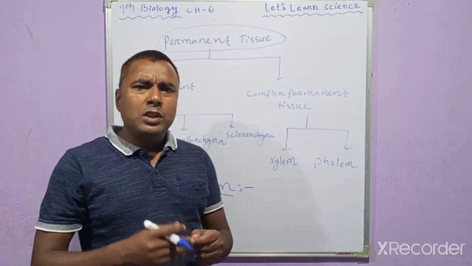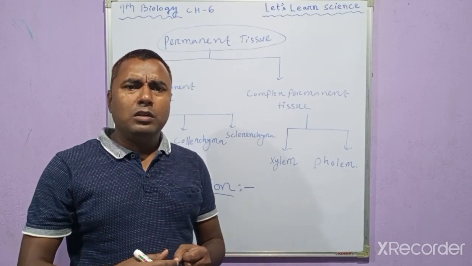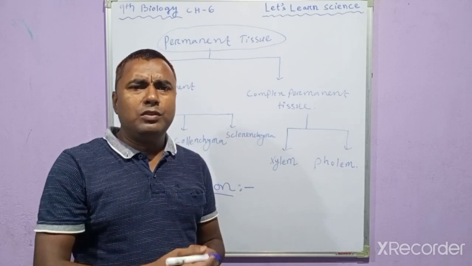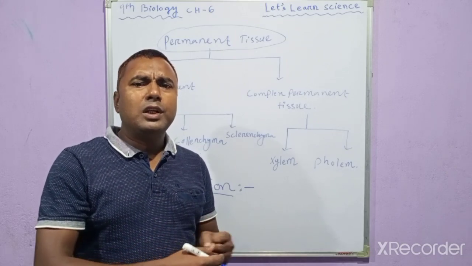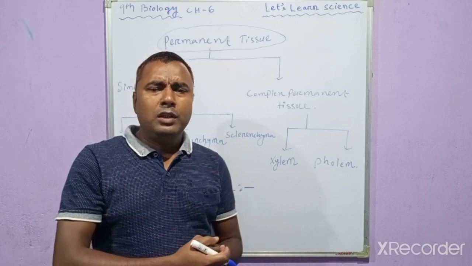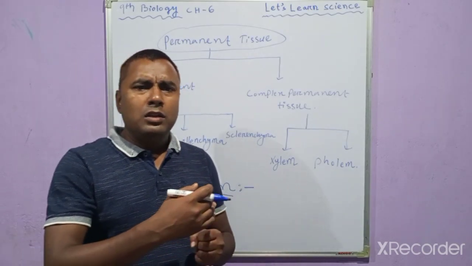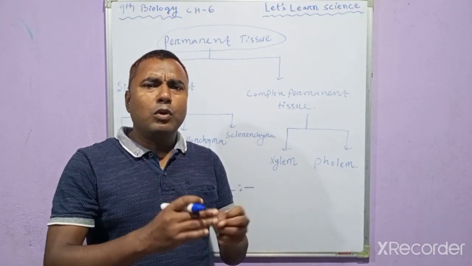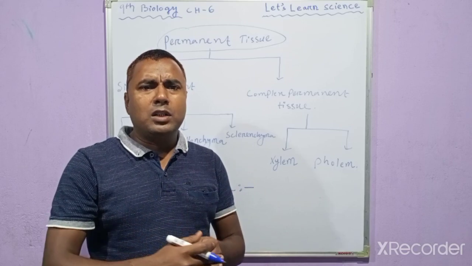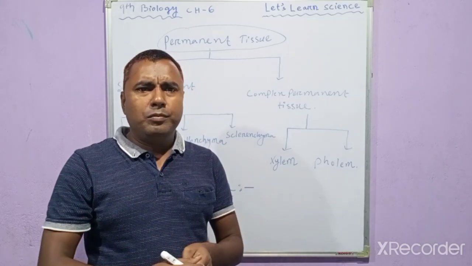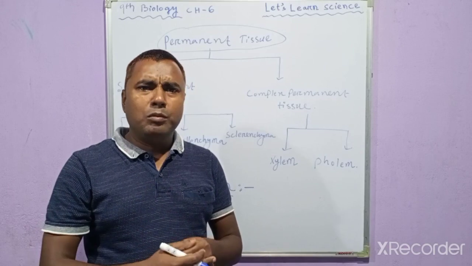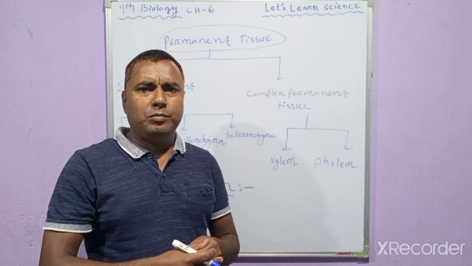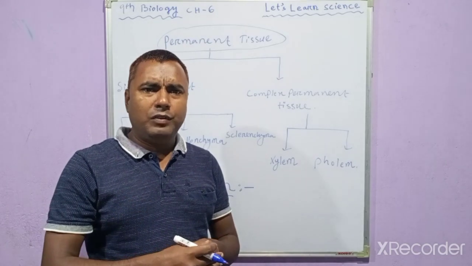When new cells are derived as a result of meristematic tissue, those new cells take the role of a specific function and a specific shape to carry out in the plant body, and they lose the capacity of dividing.